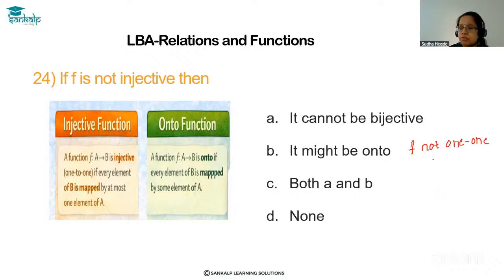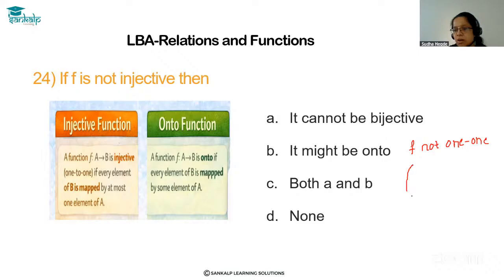If f is not injective, definitely it cannot be bijective, because to be bijective it should be both one-one and onto. f cannot be bijective, but f can be onto, or sometimes it may not be onto. Sometimes both possibilities are there.